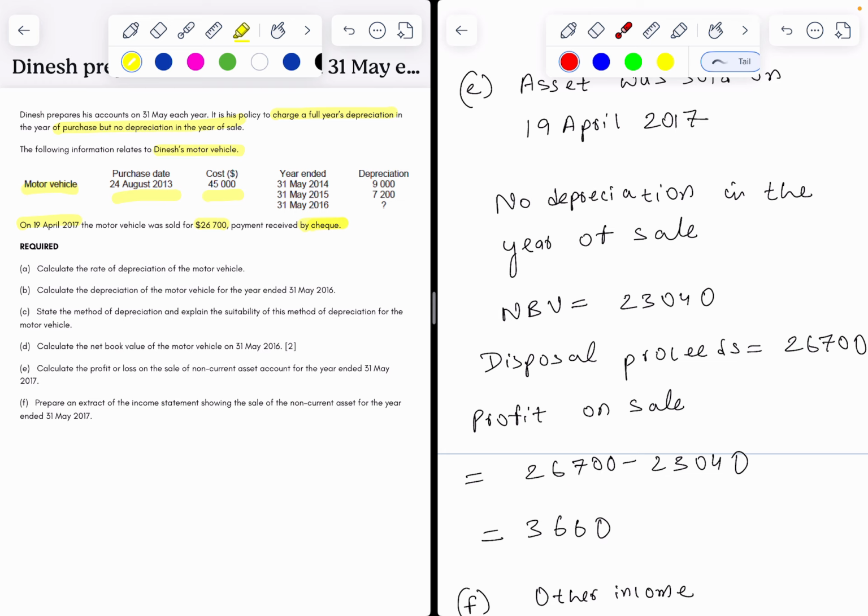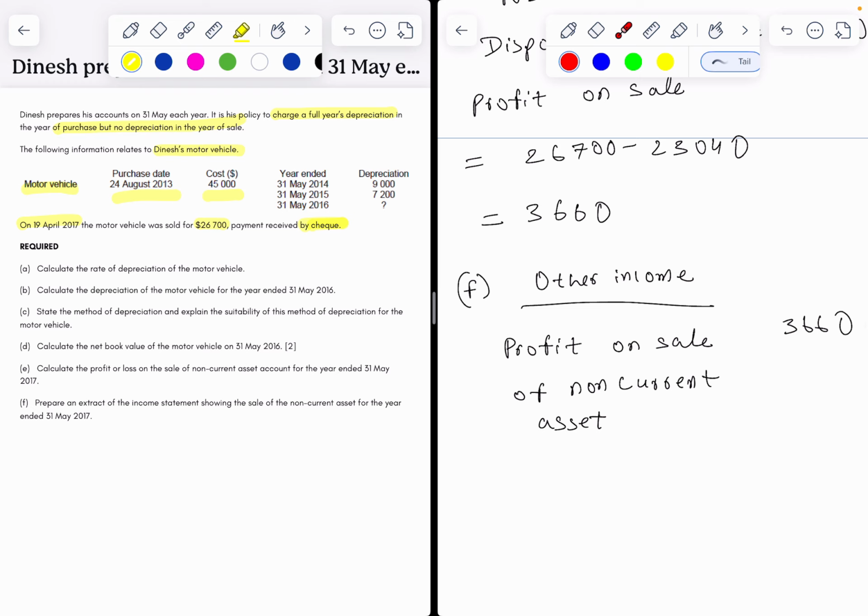What's question F? Prepare an extract of the income statement showing the sale of the non-current asset for the year ended 31 May 2017. Now, when we think of the income statement, what it really shows is the revenue, the cost of goods sold, other income, and all other expenses.